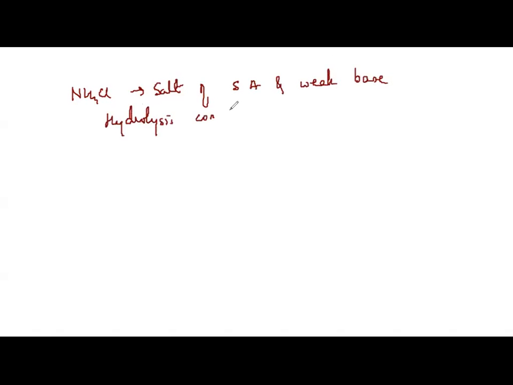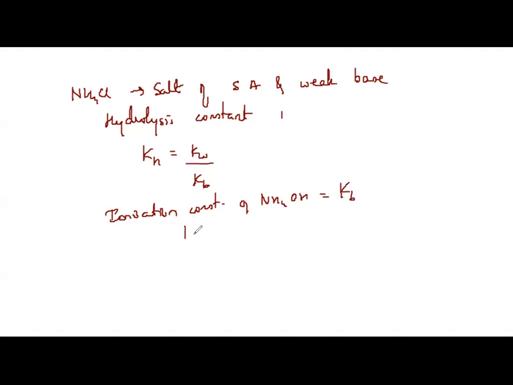Hydrolysis constant will be KH is equal to KW upon KB. And given is what? They have given the ionization constant of ammonium hydroxide, which is written as Kb. And Kb value, how much is given?